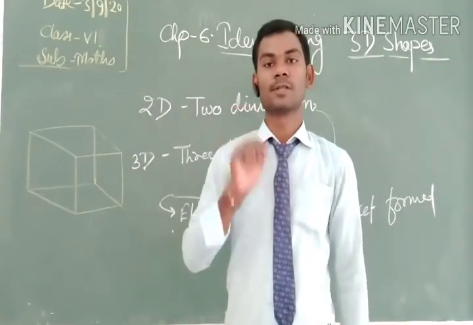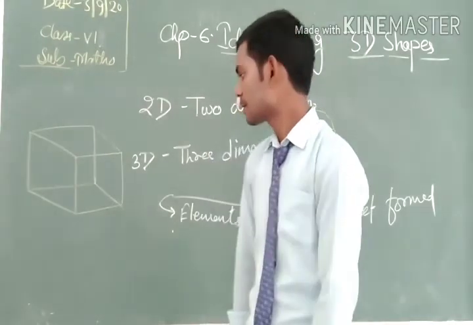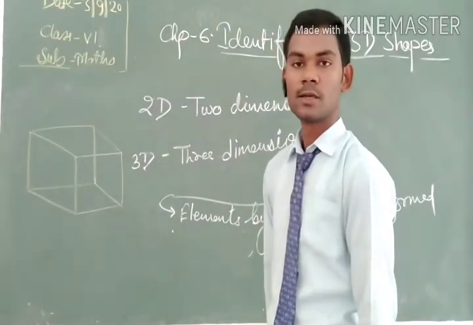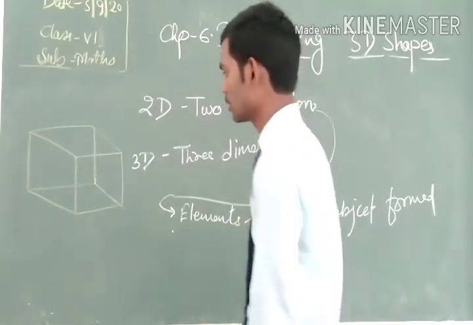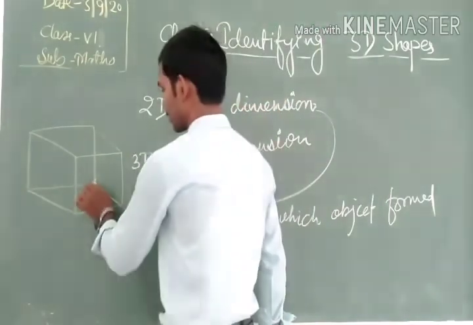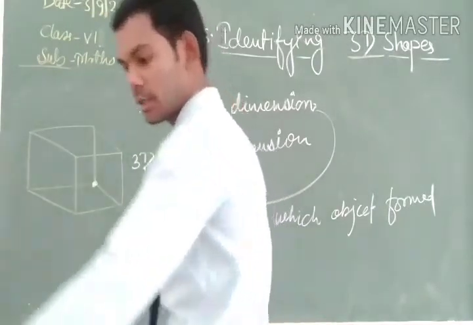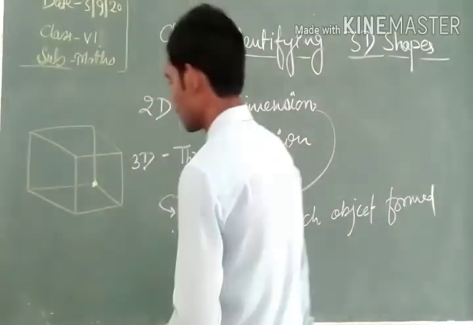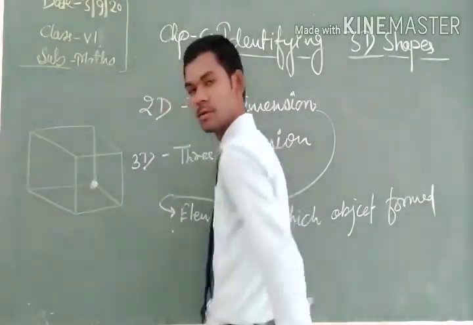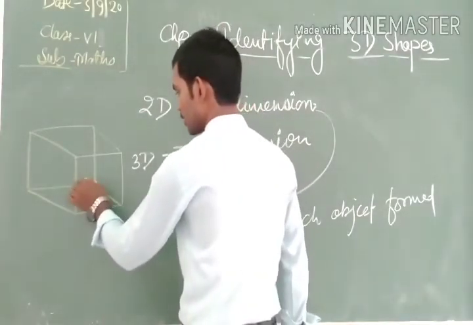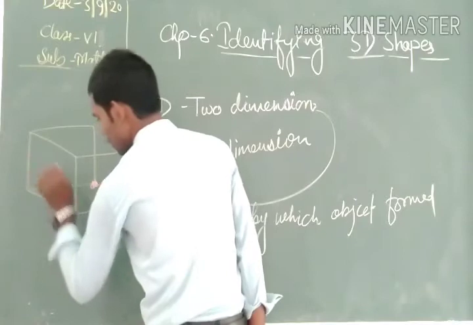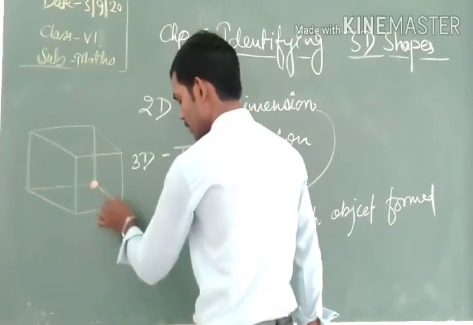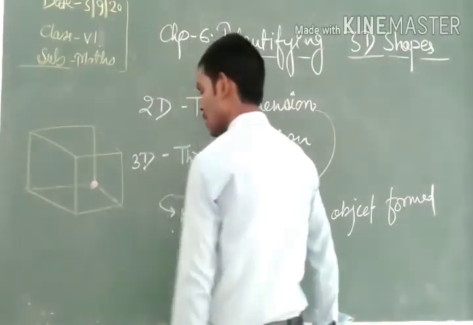This is a three-dimensional figure because here we can see it has three measuring units. Let us see from this point. At this point, we can see that it has three dimensions. This is its length, this is its width, and this is its height.